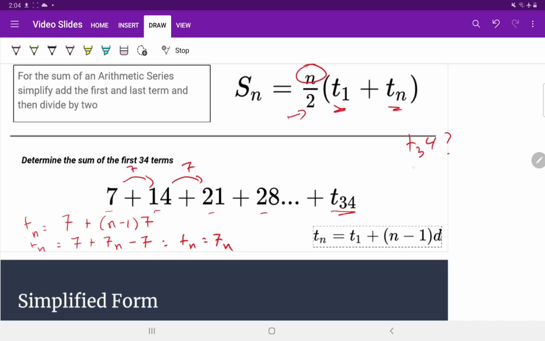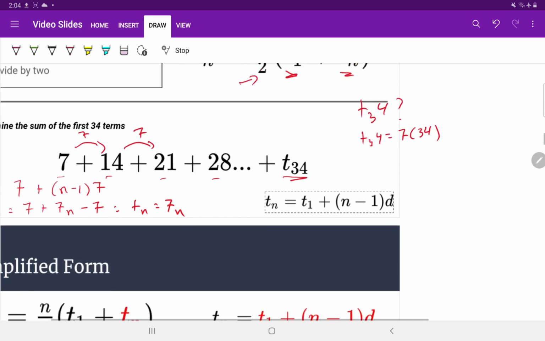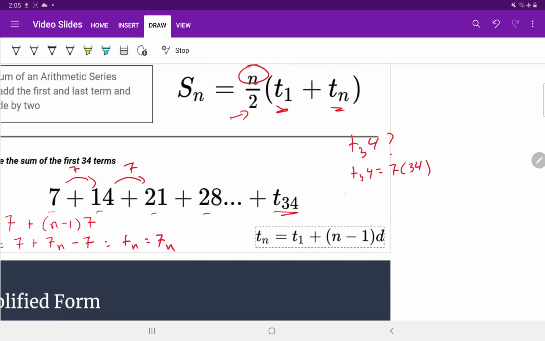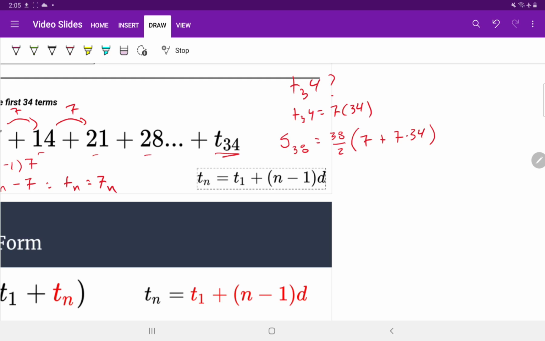So term 34 is just going to be equal to 7 times 34. I'm cripplingly lazy, so I'm just going to leave it as 7 times 34. And the sum of the first 34 terms is equal to 34 over 2, times 7 plus 7 times 34, like that. I've put off having a calculator in the hopes that I wouldn't need one, but here I do.